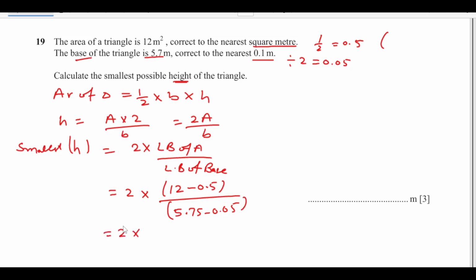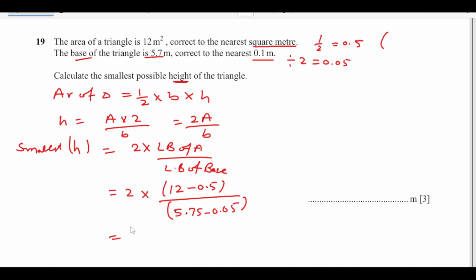This is 2 times, okay, so I have already done this one. This comes out to be, let me just confirm it, 12 minus 0.5, times 2, divided by 5.75 minus 0.05.